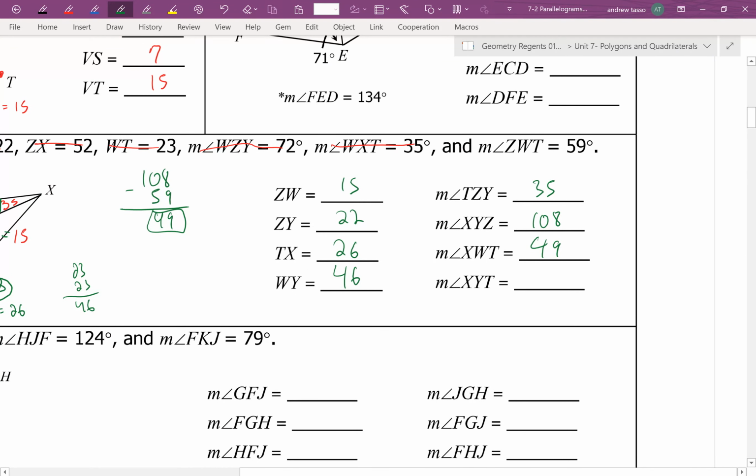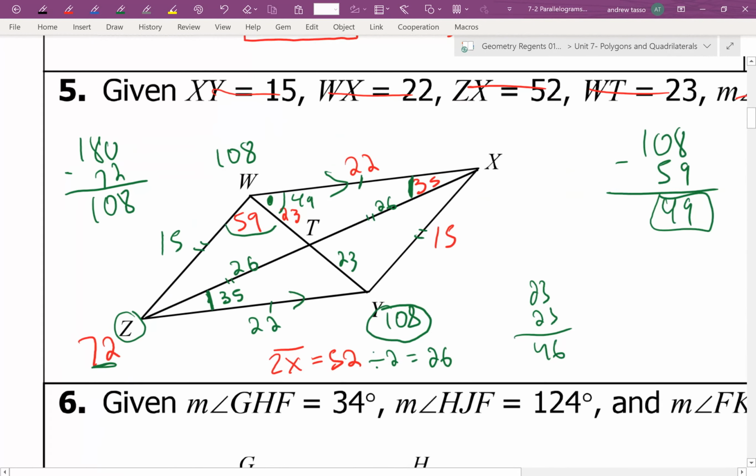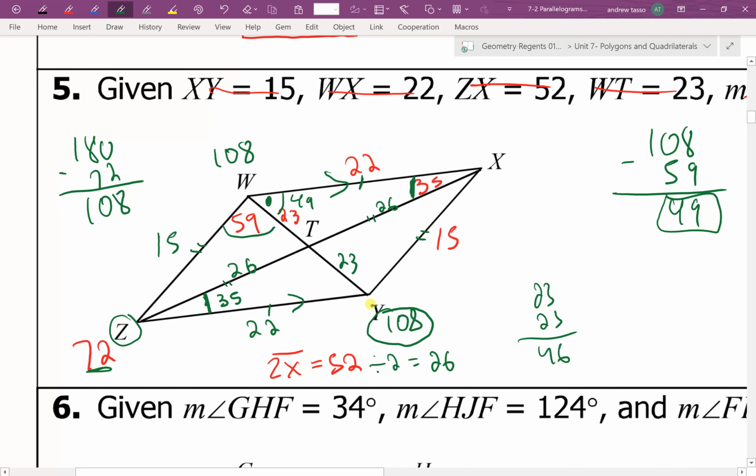Okay. Next up, XYT. Where is XYT? XYT is in this bottom corner here. It's this angle. Well, the same argument can be used as we used earlier, where if these are parallel lines, and this one is a transversal, right?